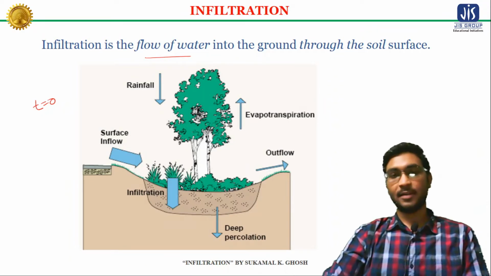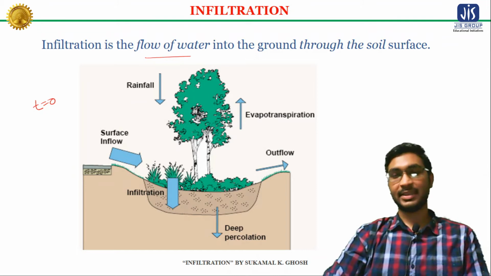So soil will absorb the water till it reaches its maximum capacity. It means the infiltration process will continue until the soil reaches its maximum saturation capacity or the field capacity.